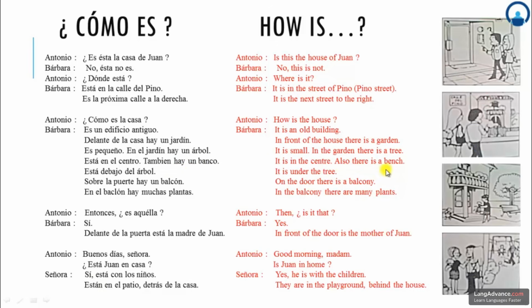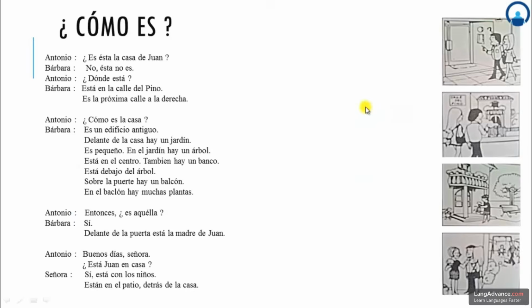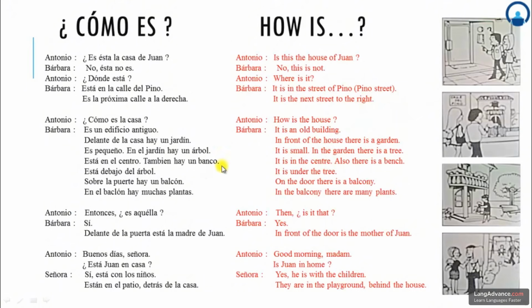Now I would like to bring to your notice one very important thing over here with this word banco. If you remember in the exercise which we have solved right now, here banco, I said it means bank, and here it means bench. If you see the spelling is also the same.